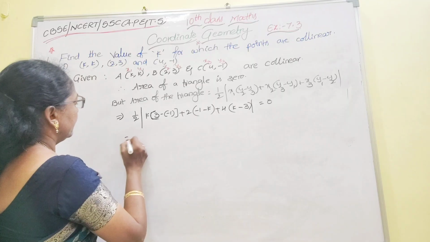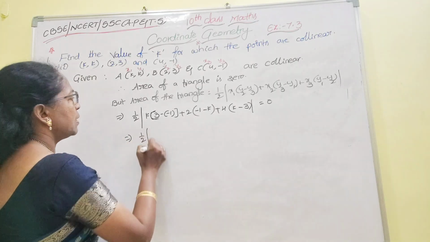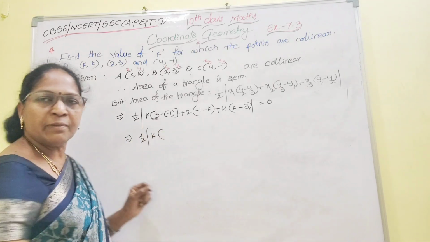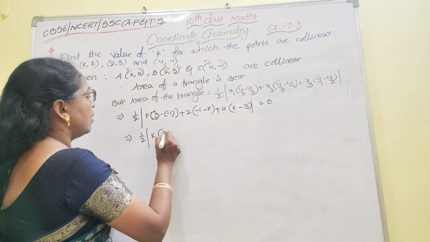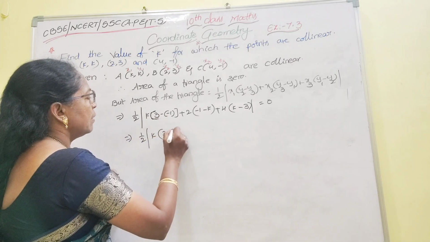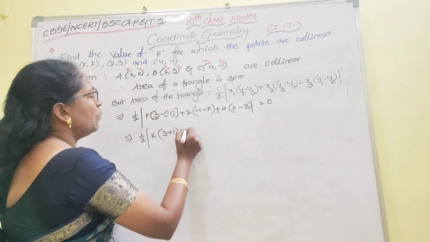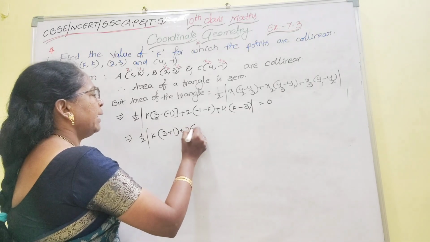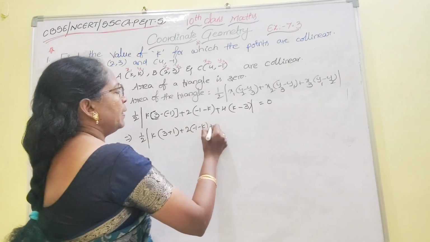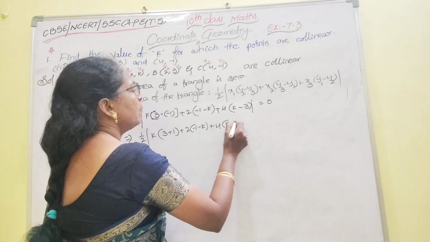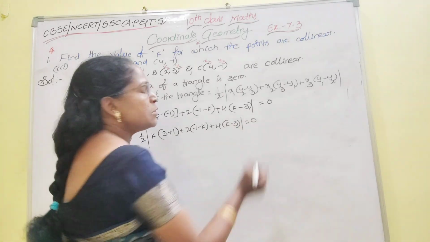Now it implies half modulus of k into, simplify this one, (3 minus into minus plus 1), plus 2 into (minus 1 minus k), plus 4 into (k minus 3) equals 0.